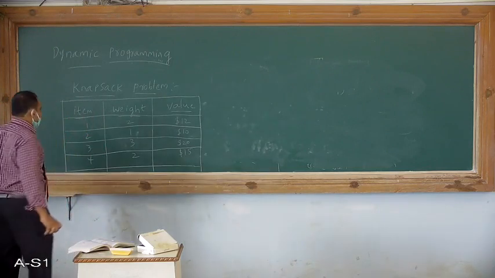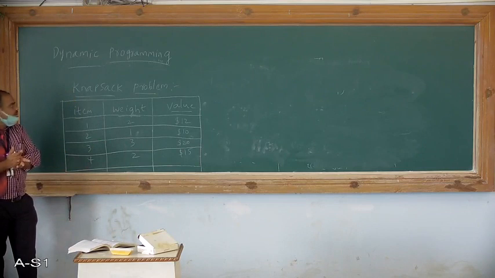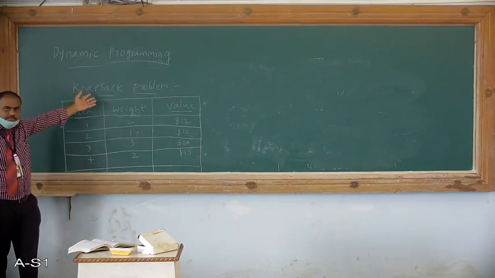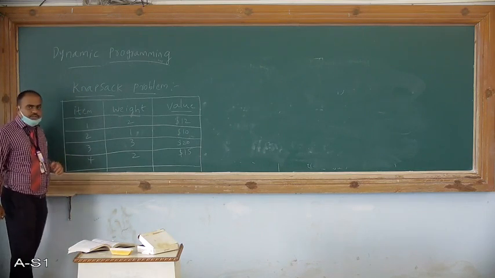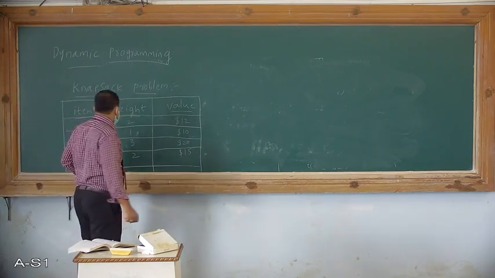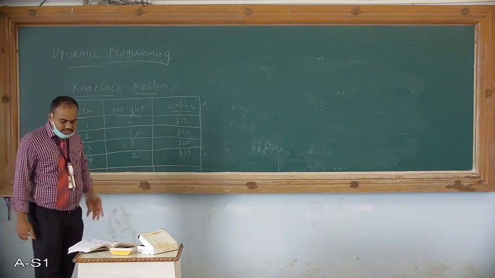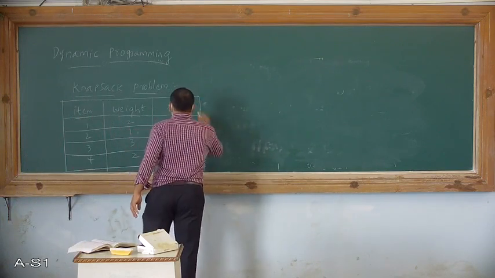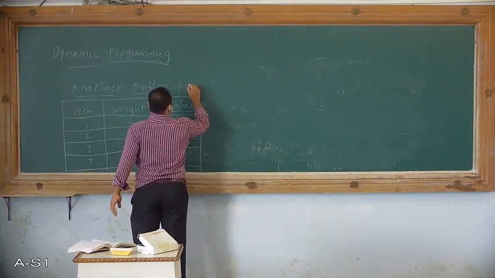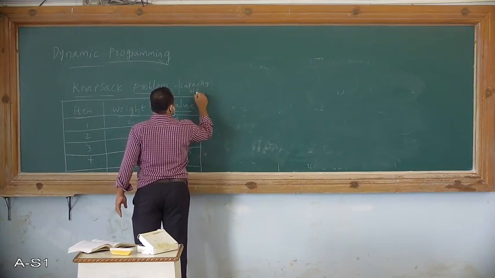For the given instance of the problem, apply the dynamic programming technique of knapsack problem in order to solve it. So this is the problem statement which will be given, and along with that this table will be given: item, weight and value, and one more thing will be given, capacity. So this is also needed. So I will write it here itself, capacity W is equal to 5.